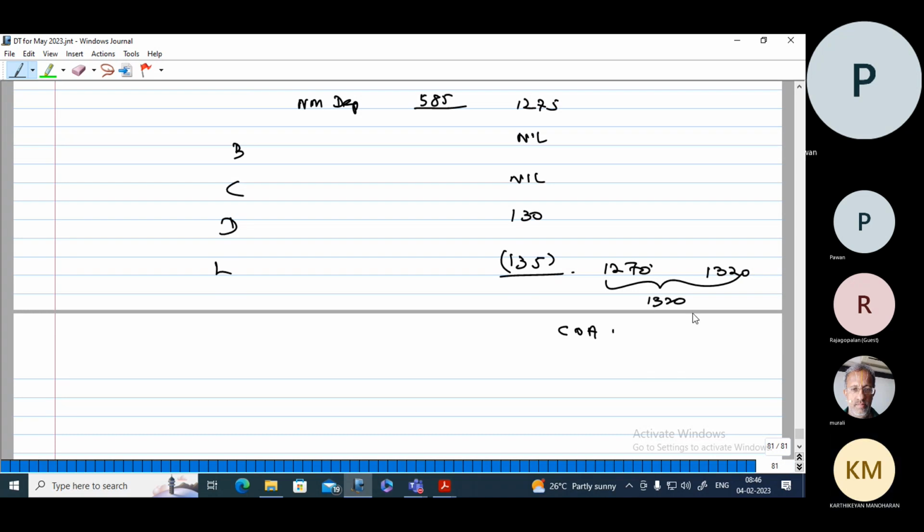Cost of acquisition 1155. So short term capital gain 165.